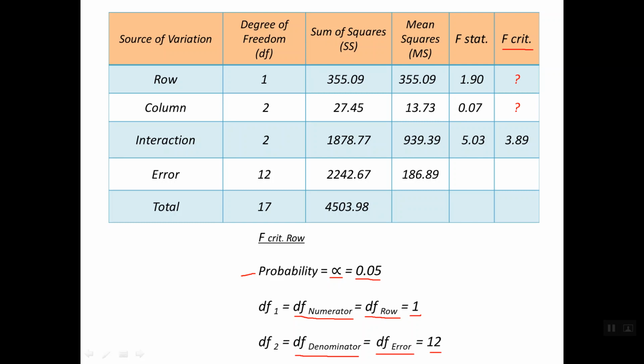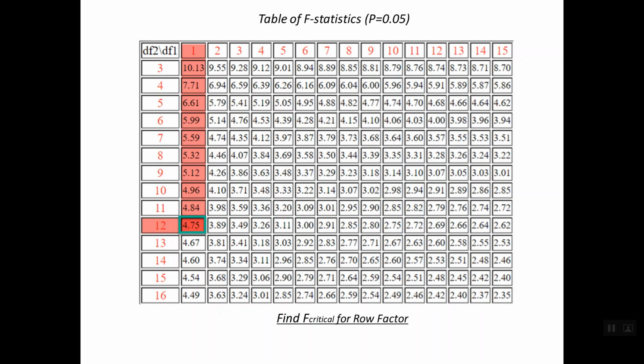So you should know all of these 3 values: the probability, the first degree of freedom, which is the degree of freedom for the factor, and the second, which is the degree of freedom for the error. So you can simply return to the F distribution table for probability of 0.05.